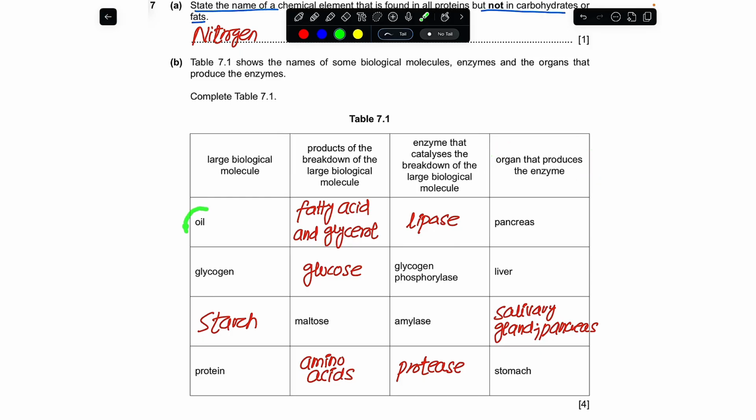Now, since the first one is oil, the breakdown products would be fatty acids and glycerol. The enzyme working would be the lipase enzyme. For the organ, they themselves gave the name, and this is the pancreas.